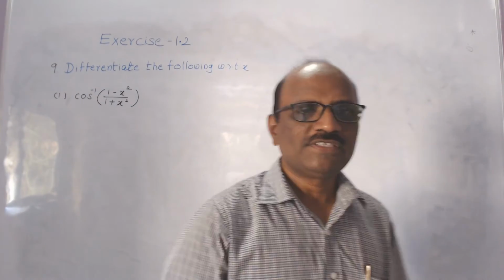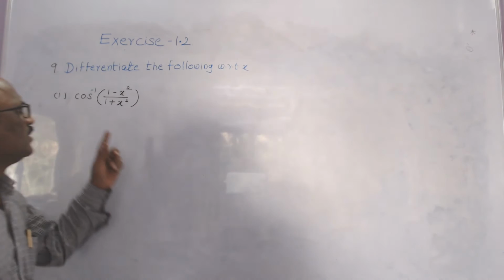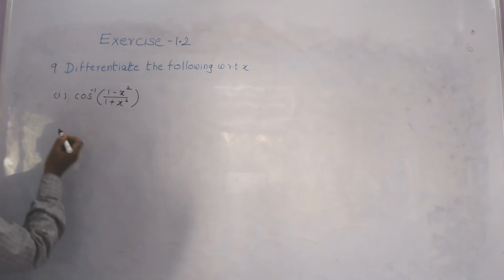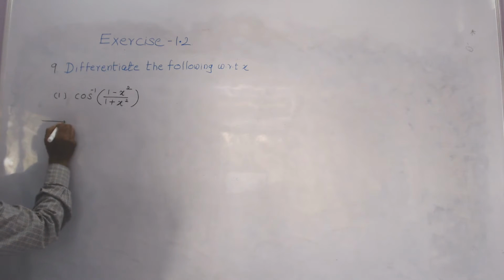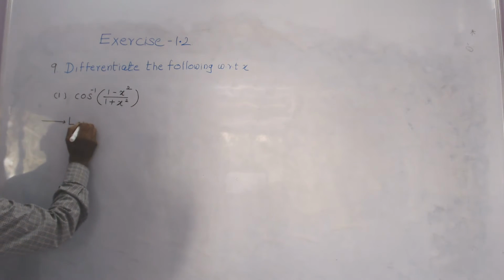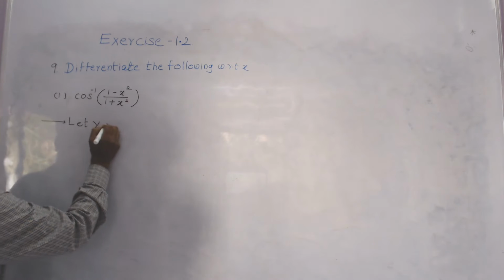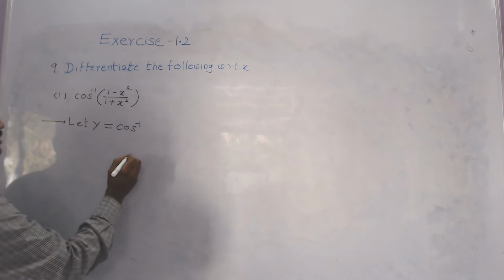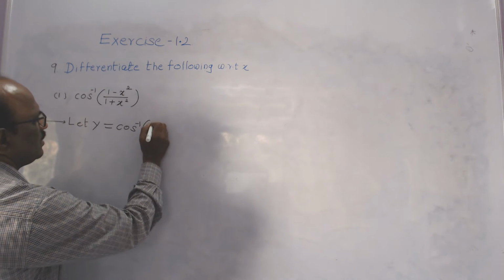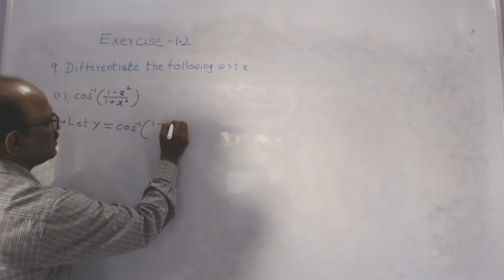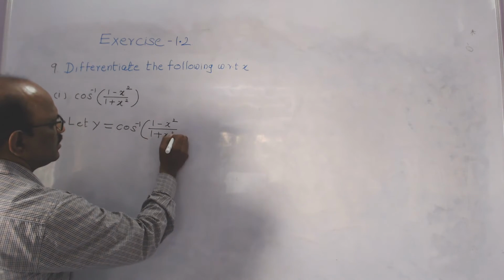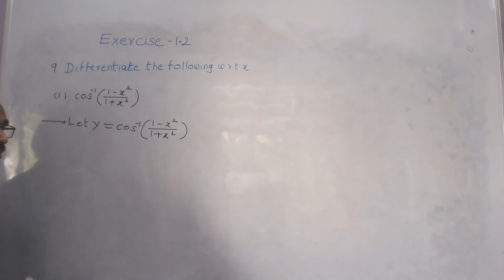Now the first problem is cos inverse of (1 minus x square upon 1 plus x square). Now its solution. Let y equal cos inverse of (1 minus x square upon 1 plus x square). Now what is the substitution here?